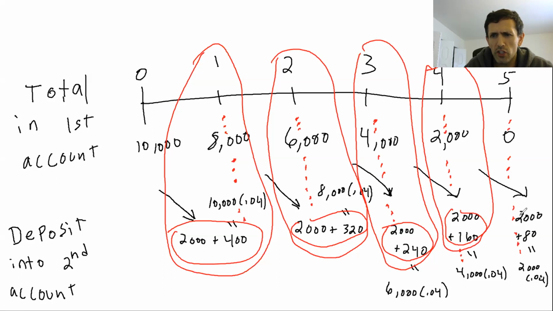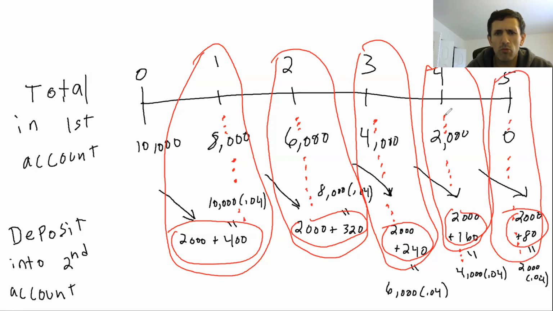It should be clear that we have basically 2 pieces here, and that's why I'm writing it as 2,000 plus 400, 2,000 plus 320, 2,000 plus 240, et cetera. So we have our plain vanilla annuity immediate. It's annuity immediate because this is at the end of the first year, second year, third year, fourth year, and fifth year. So we have just a 2,000 deposit. And then we have our arithmetically decreasing part.